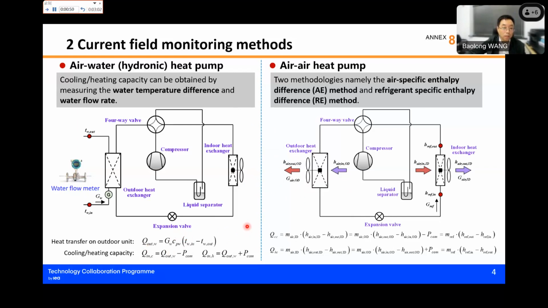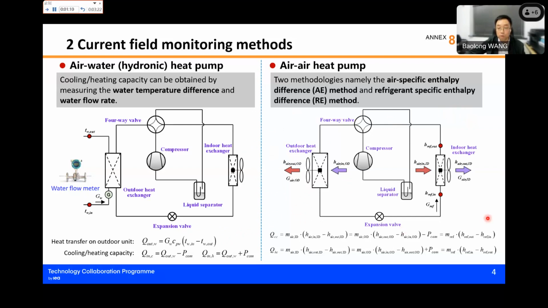By that, you can calculate the COP or EER of the system. Another one seems more difficult, the air-to-air heat pump. Because there is no water, we must consider other methods.